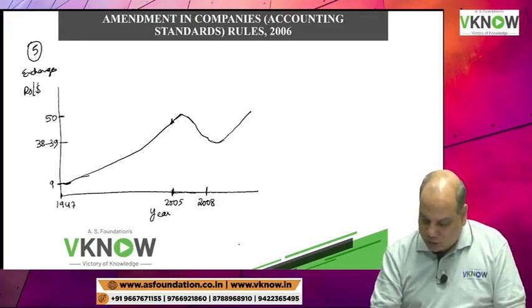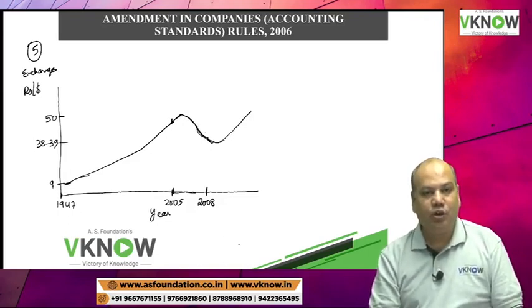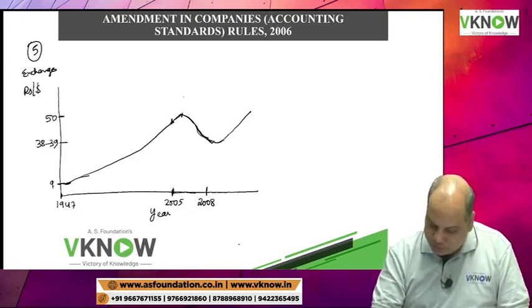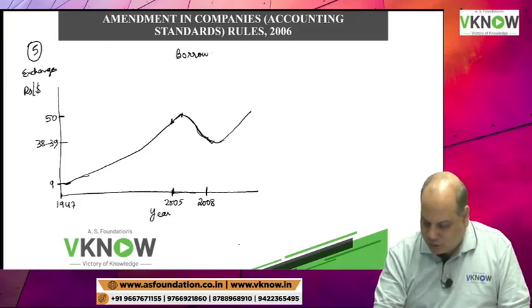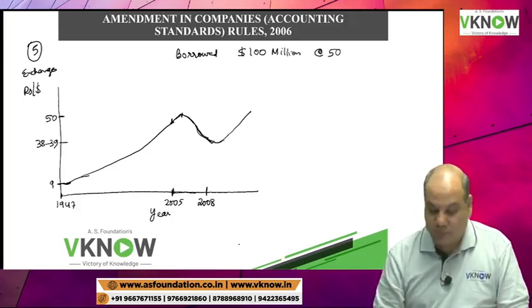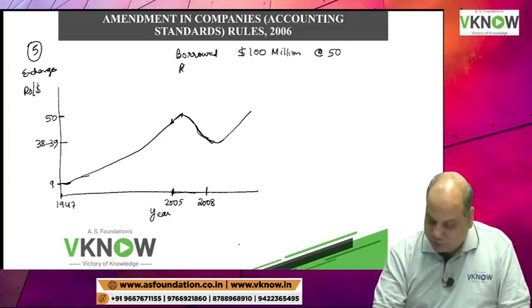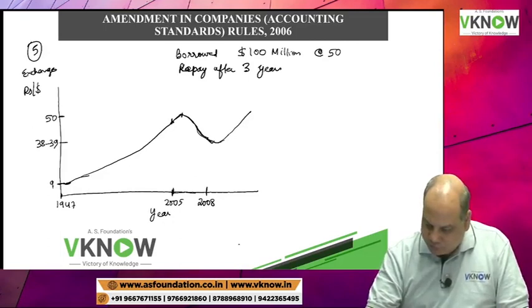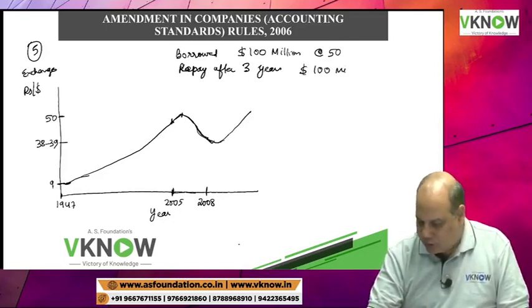When the exchange rate is going down, you pay less for one unit of dollar. Suppose one company borrowed $100 million when the rate was 50, and it has to repay after 2 or 3 years, by which time the rate is 40 rupees.